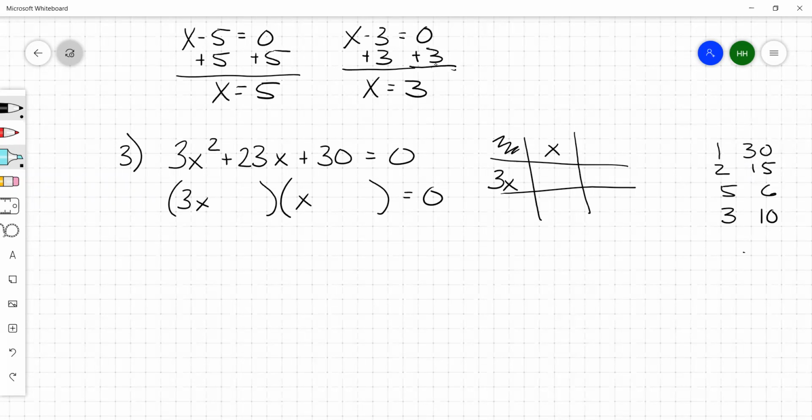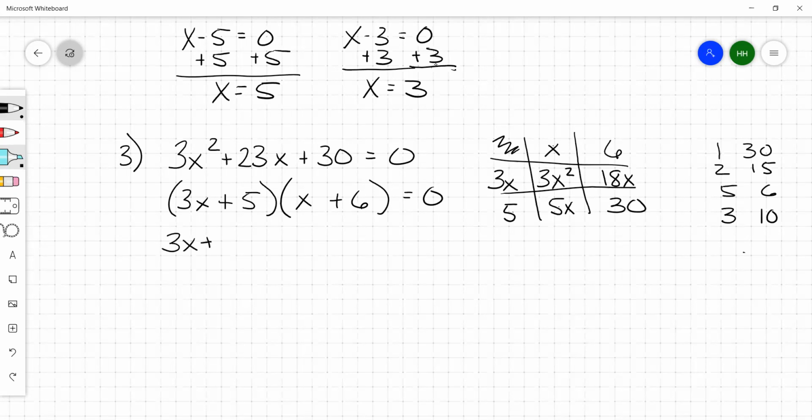That doesn't work. If a 6 goes here and a 5 goes here, we get 3x squared. We get an 18x. x times 5 is 5x. 5x and 18x, there's the 23, and 6 times 5 is the 30. So there's our factors. So we go 3x plus 5 and x plus 6.